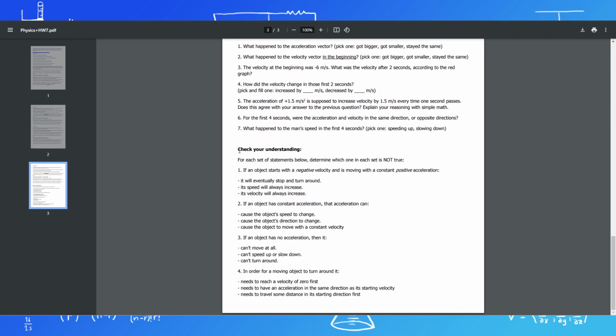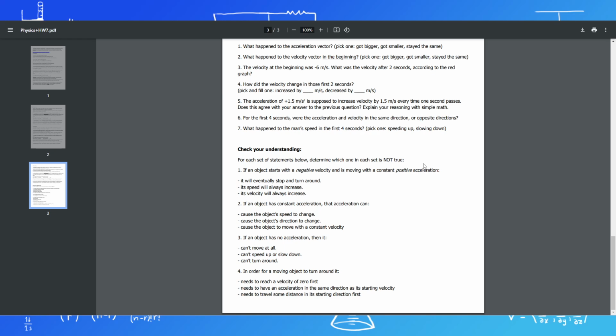Instead, I want to pay attention to these check your understanding questions. For each set of statements below, determine which one in each set is not true. If an object starts with a negative velocity and is moving with a constant positive acceleration, it will eventually stop and turn around, its speed will always increase, or its velocity will always increase.